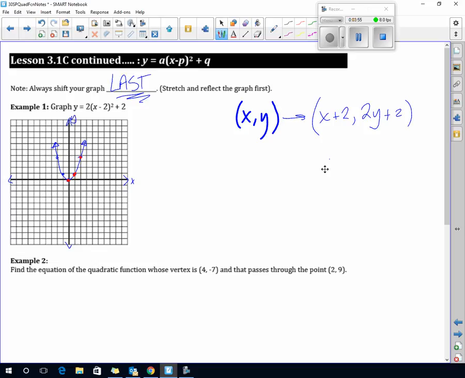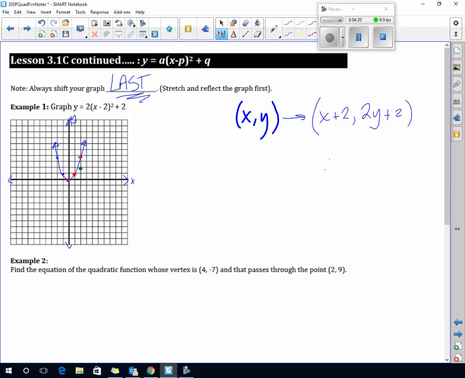If you double 0, it's still 0, right? Okay. Then we're going to go right 2, up 2 to the new point. Does everybody see the new point? I will repeat what just happened. This point (0, 0), the height, meaning the y value, got doubled. It's still 0. It didn't move.